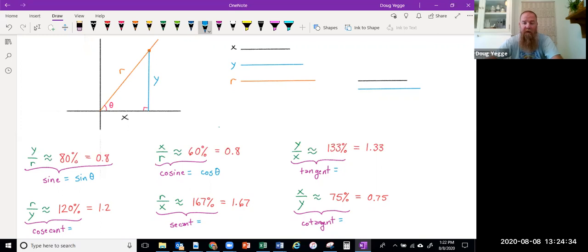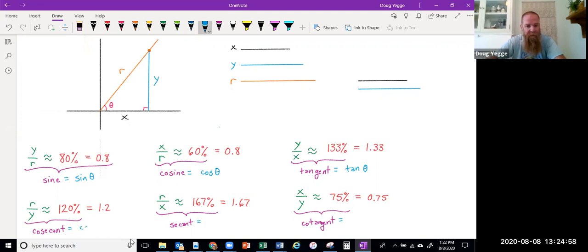It's a function of theta. As theta changes, my ratio changes. So this is saying, as theta changes, what is my base compared to my hypotenuse? While over here, the shorthand notation is tan theta. Every one of the ratios has a 3-letter symbol for what its name is.